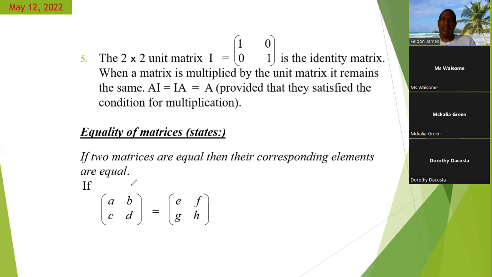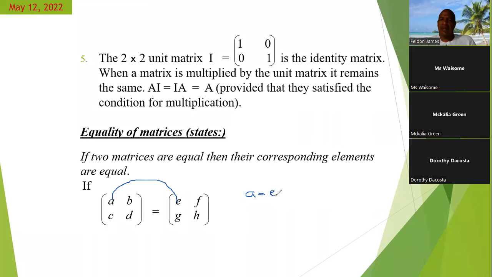So if you say that the matrix on the left is equal to the matrix on the right, it means that their corresponding elements are equal. So A corresponds with E, so it means that A must be equal to E if the two matrices are equal.